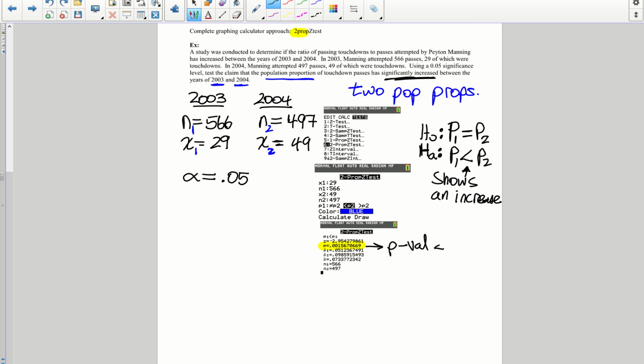So the p-value is less than alpha. All right, so I'm streamlining a little bit here because before I would actually ask the question, is p-value less than alpha? And then we'd look at the numbers and compare them. But the bottom line is, somewhere on paper you have the alpha. In your calculator you have the p-value. I just need to know what the relationship is between the p-value and the alpha value.